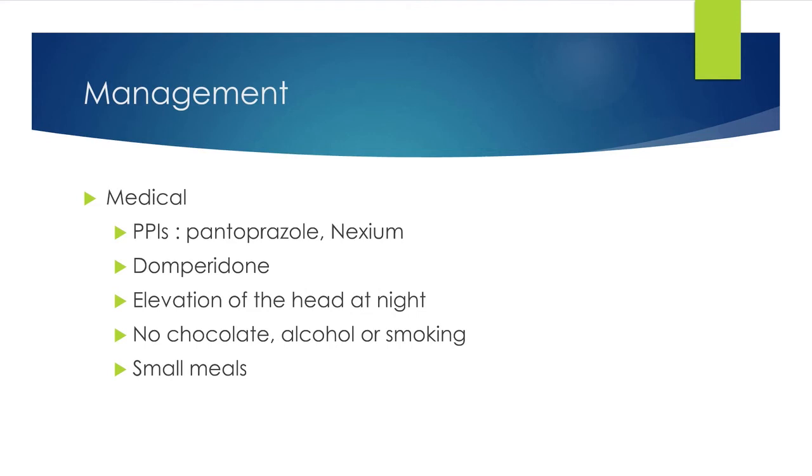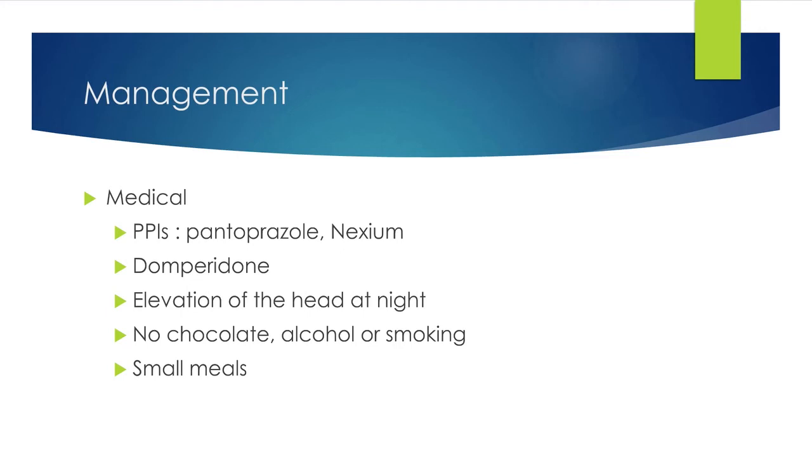They need to have some modification of diet, and the offending items that need to be excluded are chocolate, alcohol and smoking. Occasionally, coffee and tomatoes can affect these patients as well and make their symptoms worse. Often the patient will figure out these things before they come in and seek your help.